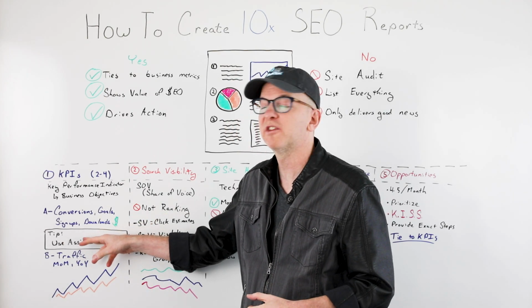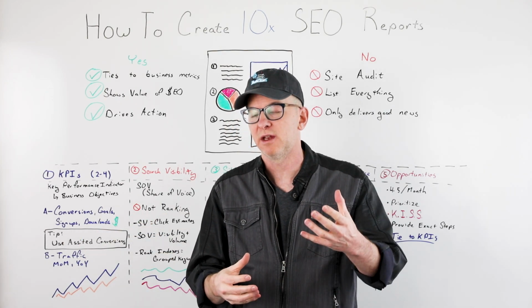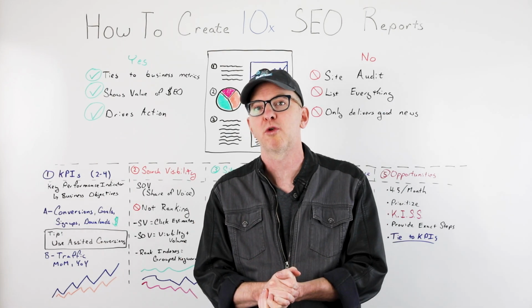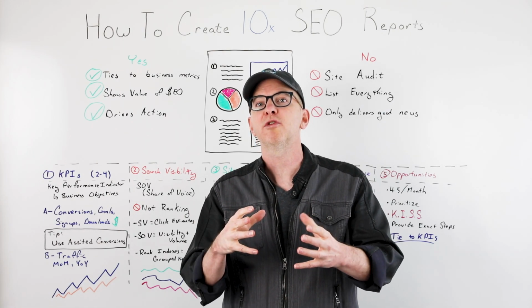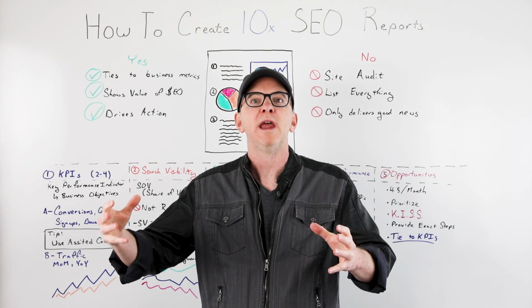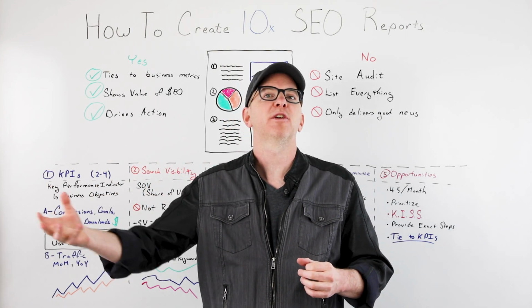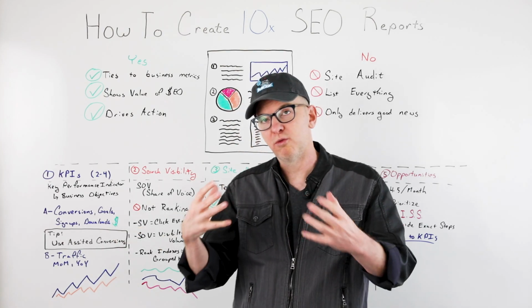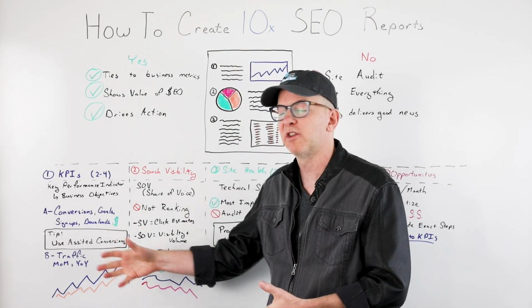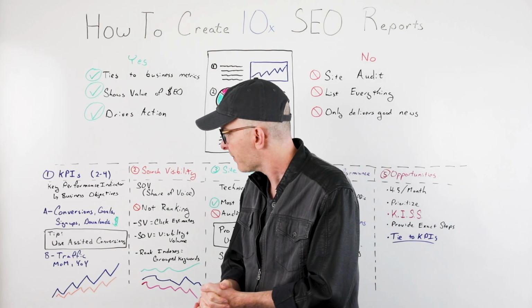So it's good to use assisted conversions. This is often found in Google Analytics or whatever analytics program you use. It will set a look-back window and show how your SEO efforts contributed, even if their last visit was direct. So it's good to research that and understand how you can use assisted conversions in your reporting.